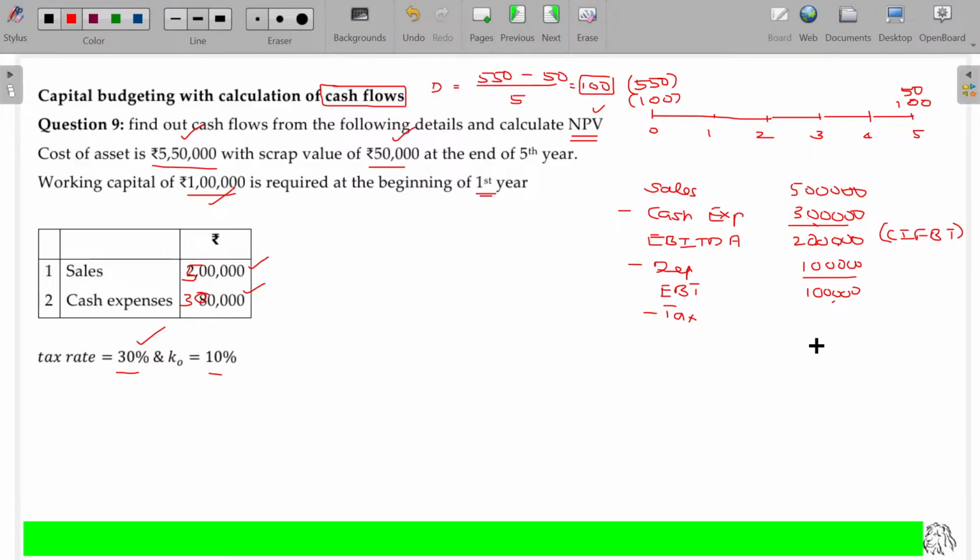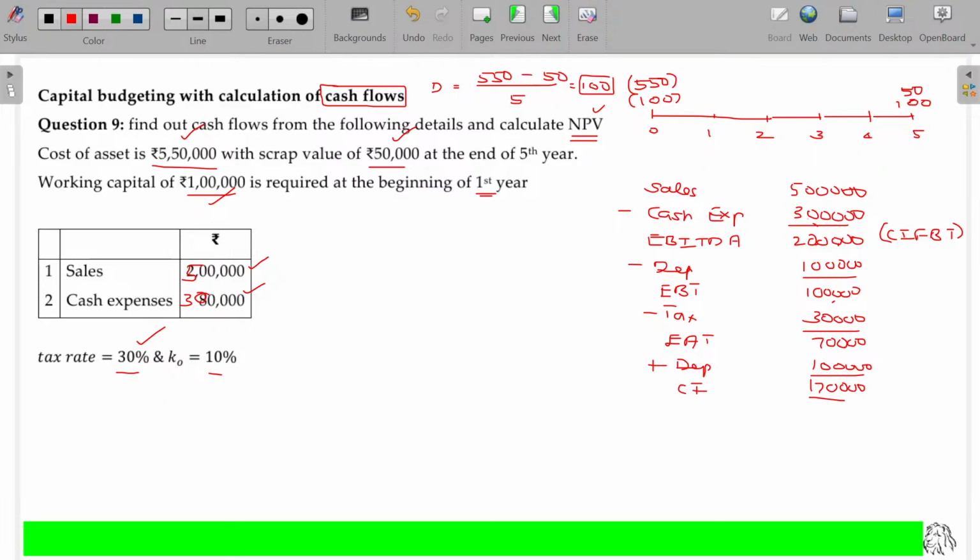Applicable tax rate in this case being 30%. So 30,000 rupees should be subtracted from the EBT. Then I'll get EAT, being 70,000. But I'm in need of cash flows only. So I have to add the depreciation, a non-cash item, back. Here the depreciation is 1 lakh. I add the depreciation back to get the cash inflow of 1,70,000 rupees.